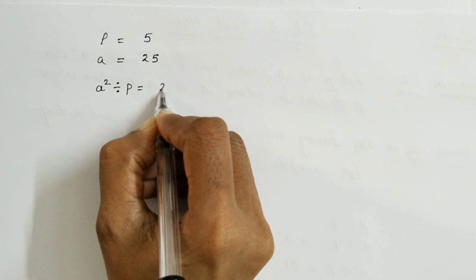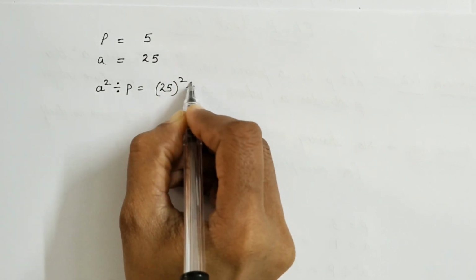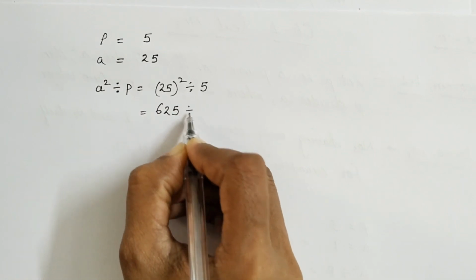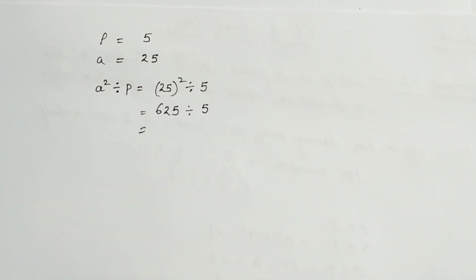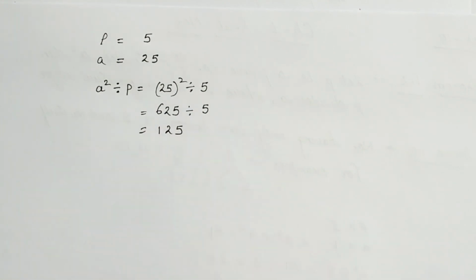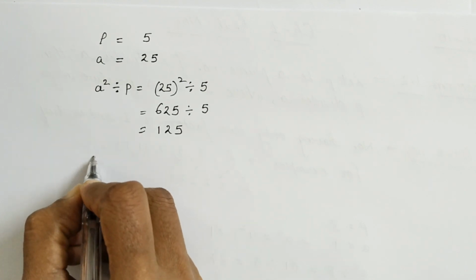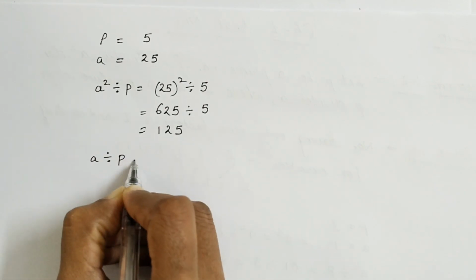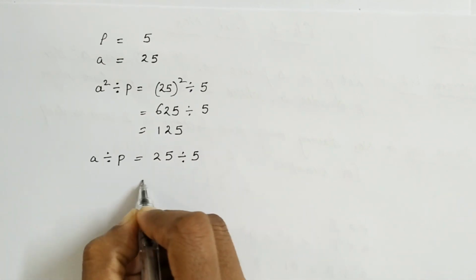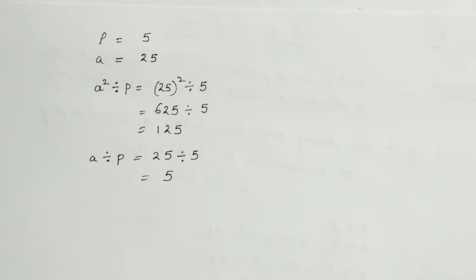So 25 square divided by 5, let's check, it is 625 divided by 5. We can check here, 625 divided by 5 is 125. So it is dividing. The theorem says if P divides A square, it divides A also. Let's check whether it is dividing A or not. A is 25 divided by P, which is 5. Yeah. I hope this is clear to you now.